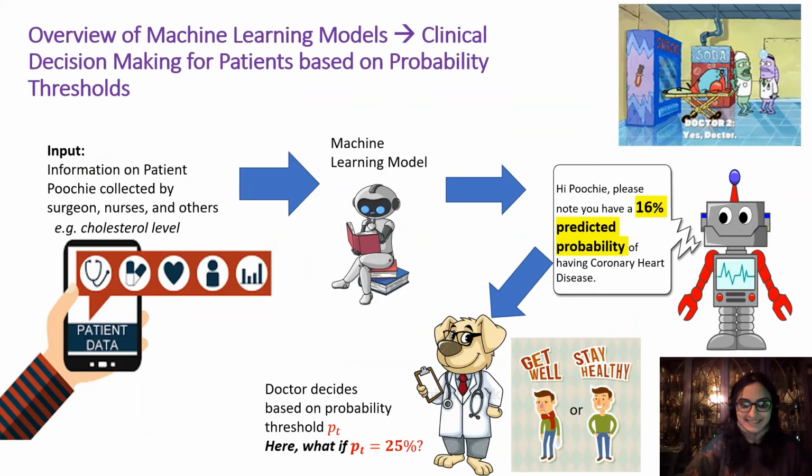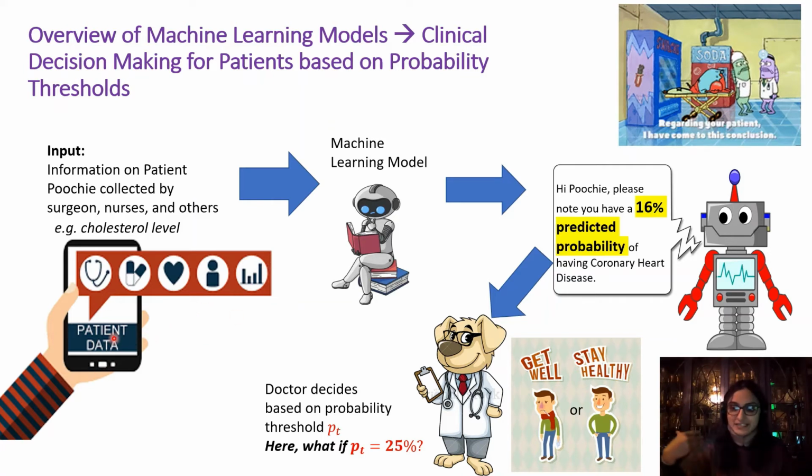The way it works is that we can collect information on a patient like Pucci, for example, from surgeons, nurses, doctors, etc. We collect the patient's health information, various variables like blood pressure, age, body mass index, cholesterol levels, various features that we can collect for a patient.